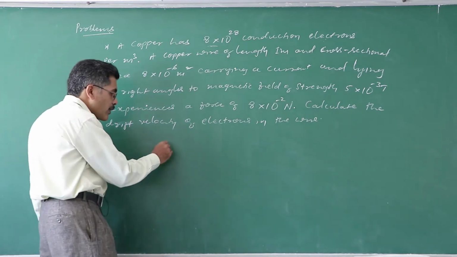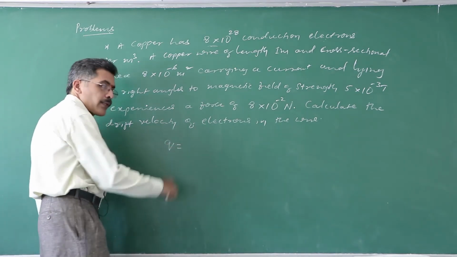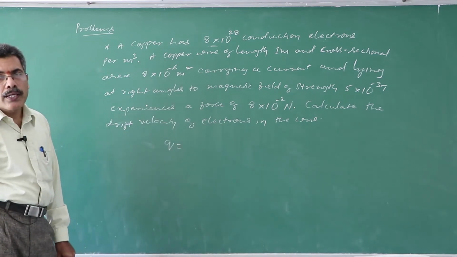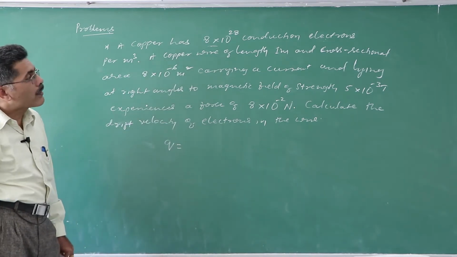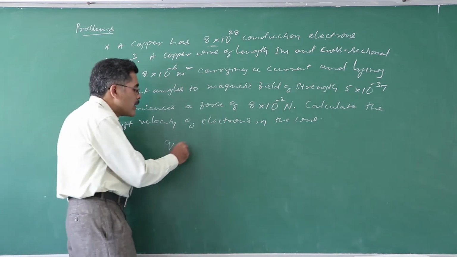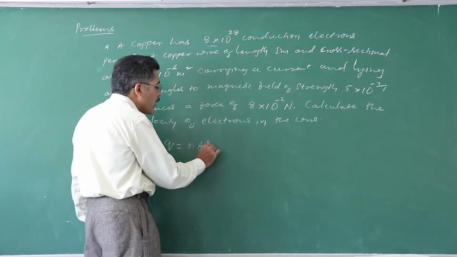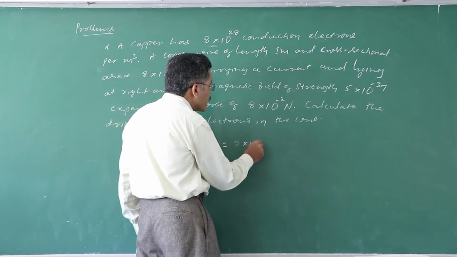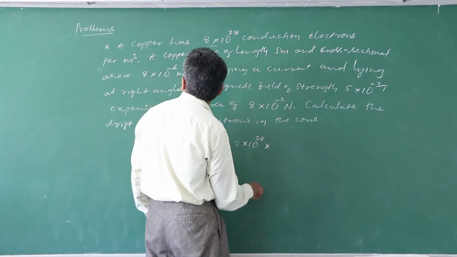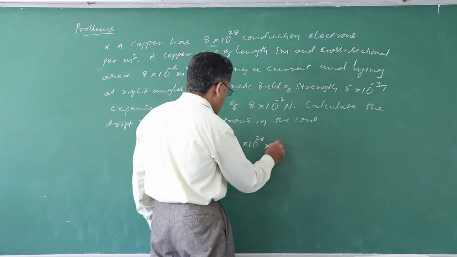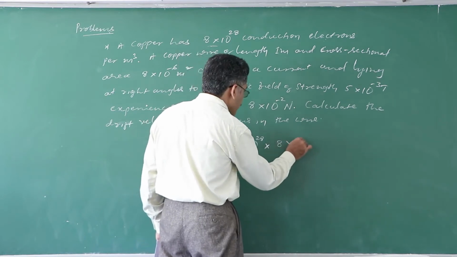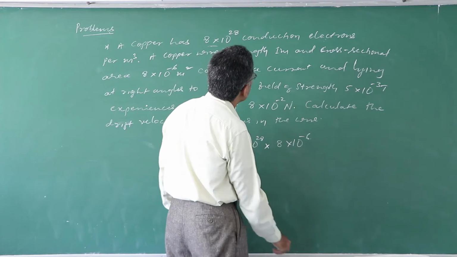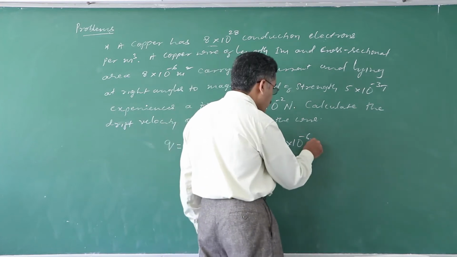See, first let us find out what is the charge. Total charge due to electrons present in the wire is N into A into L into e. N is 8 into 10 raised to 28. What is the area of cross section? 8 into 10 raised to minus 6 square meter, and the length is 1 meter.